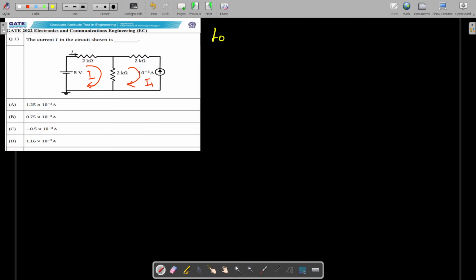We go to loop 1 and apply KVL. We start from here; it is minus, this is plus. Starting from this point and traveling towards the other point, we encounter the negative sign initially, so it is minus 5.